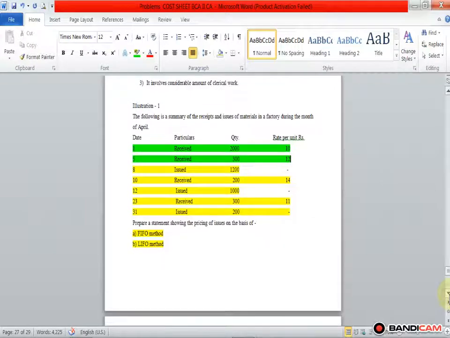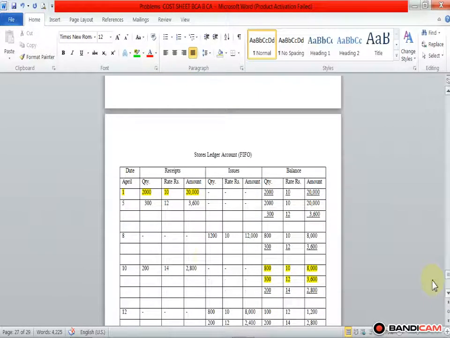So write it under the receipt column, amounting to rupees 3600, and the issue column nil.